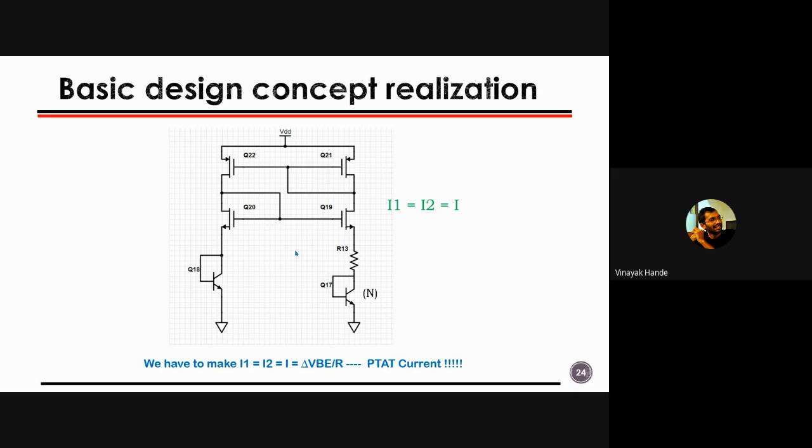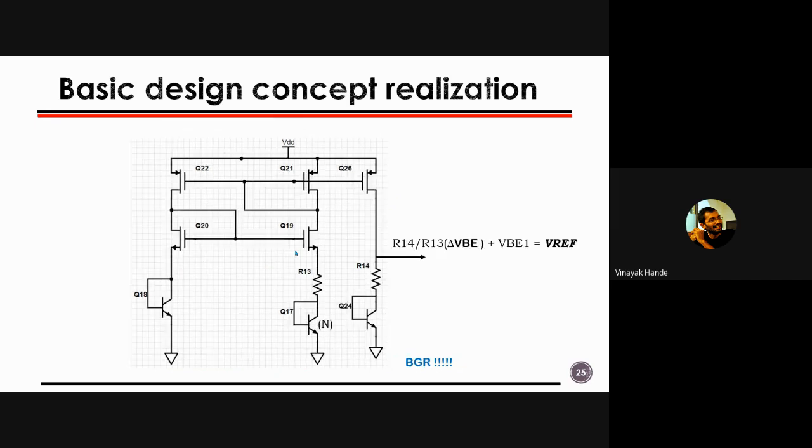Again, this circuit also requires a startup circuit. It's not that this circuit will start on its own. Again, this is kind of an op-amp only, I just put it into another form. So this circuit also requires the startup circuit, which I did not mention yesterday, right?